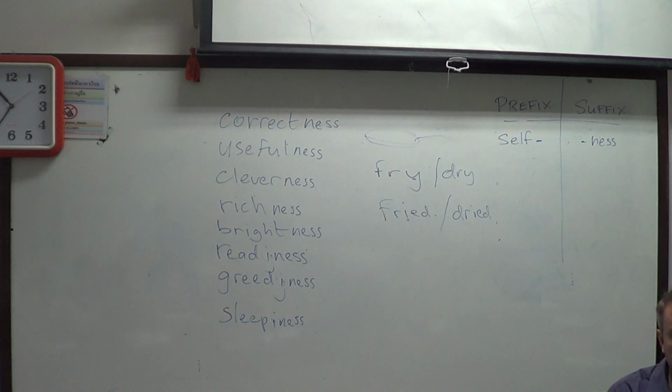You can't see usefulness. You can see something useful, but you can't see the usefulness of it. So the suffix ness usually makes an abstract noun from an adjective.